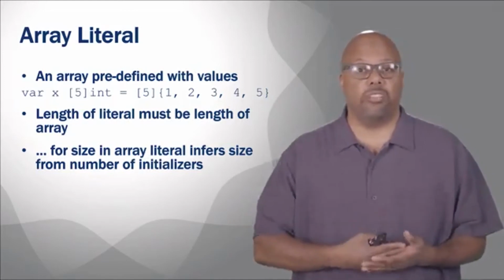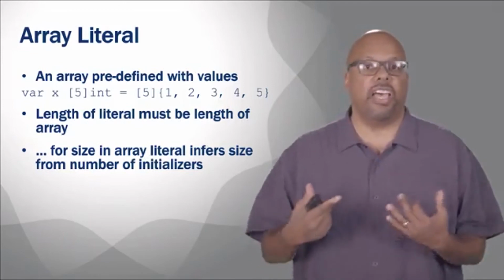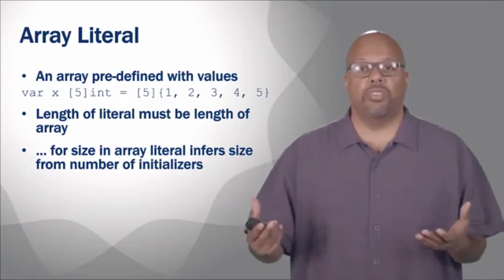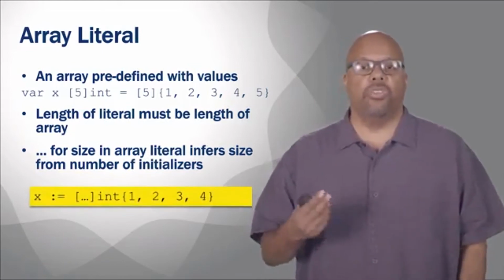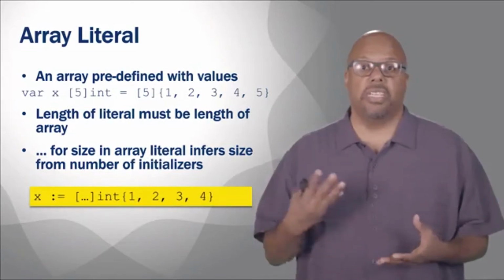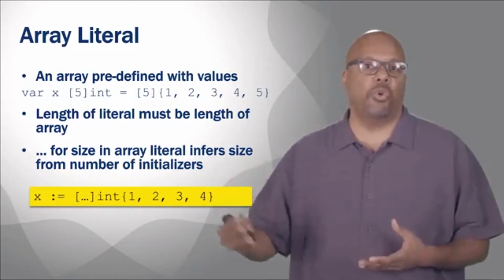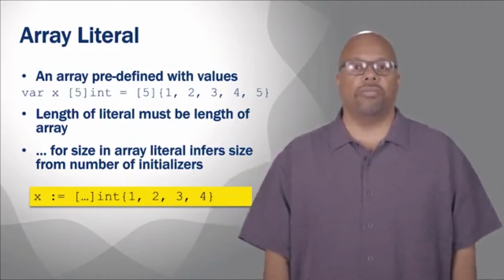You don't have to say explicitly 4, so you can just put a dot dot dot in there, and it will infer the size of the array from the number of elements inside the array literal. So in this example, x colon equals, in brackets we have dot dot dot. We don't specify explicitly what the size is. It says int 1, 2, 3, 4. So there are 4 elements in there. Clearly you want x to be size 4.